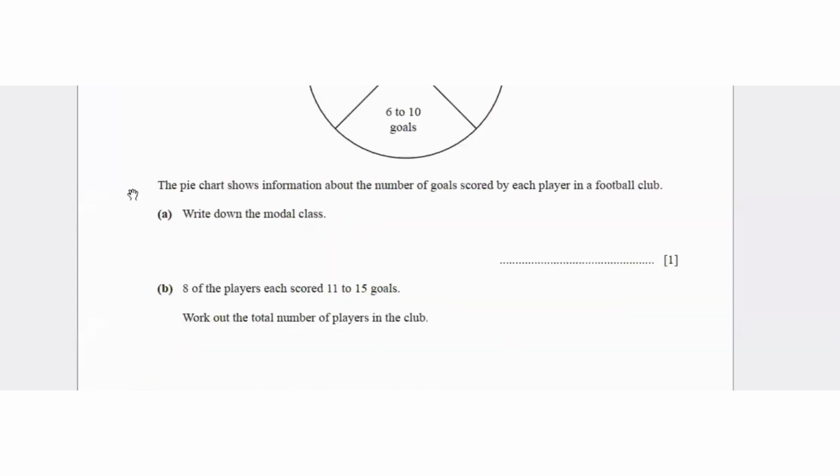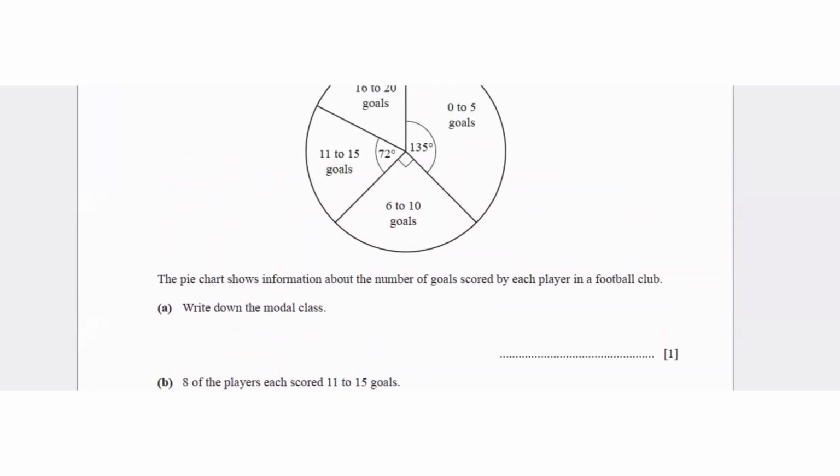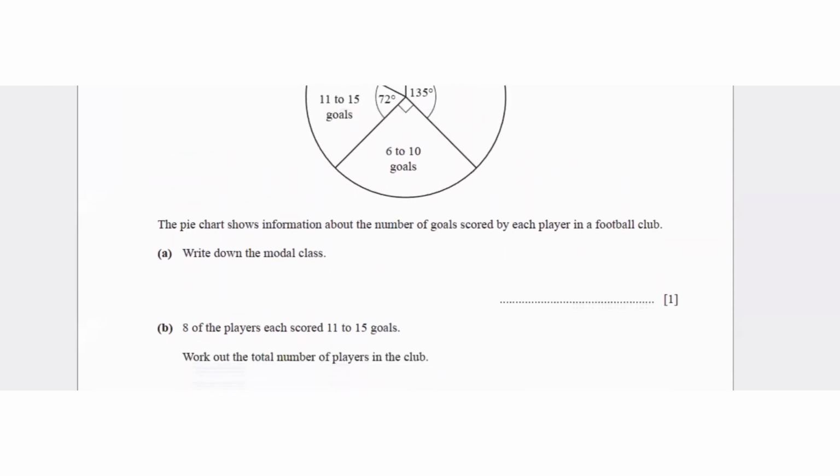Then in the next part, it's asking us that 8 of the players each scored 11 to 15 goals. Work out the total number of players in the club. So over here, we know that 8 players scored 11 to 15 goals. So what we will do is, we will write 72, which is the angle for 11 to 15 goals, equals 8 over x, where x is the total number of players, times 360.